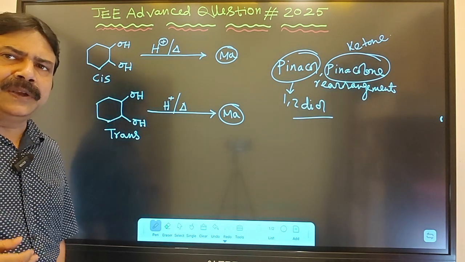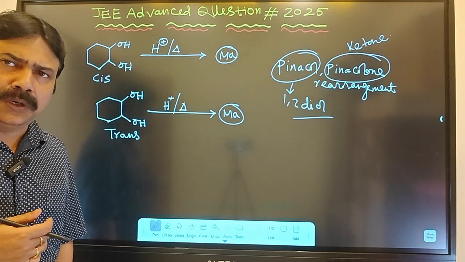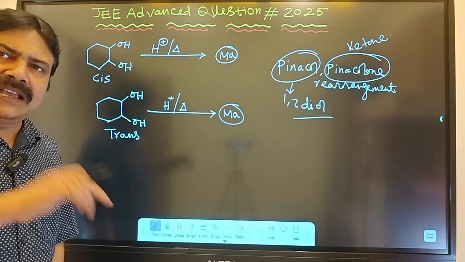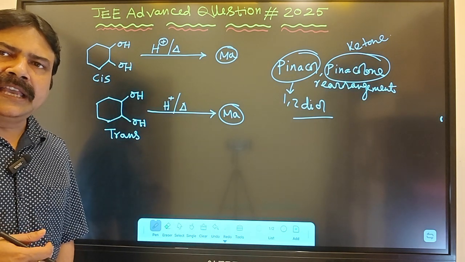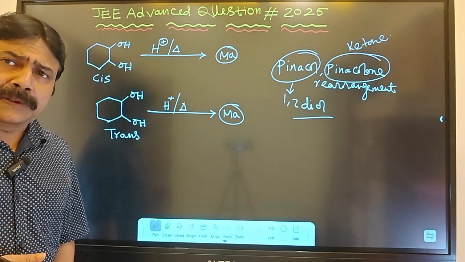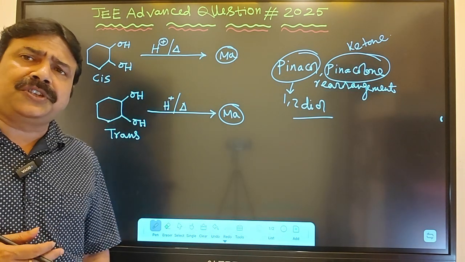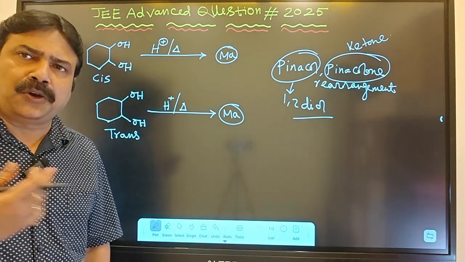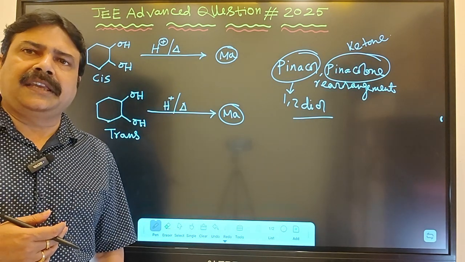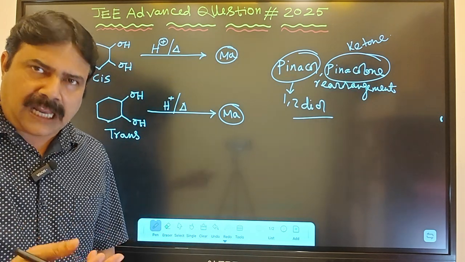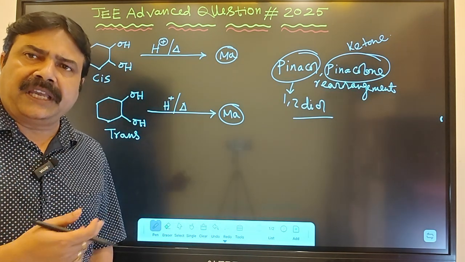This is one of the famous methods for the preparation of ketone, which can be connected with alcohol as well as with the aldehyde and ketone chapters. And as far as organic is concerned, most of the time JEE Advanced questions used to come based on the famous reactions like hydrogenation, oxidation reactions, the Pinacol-Pinacolone rearrangement, aldol condensation, Cannizzaro reactions.